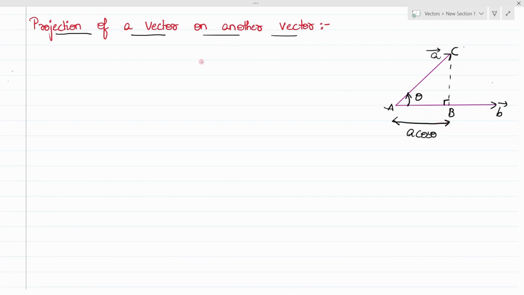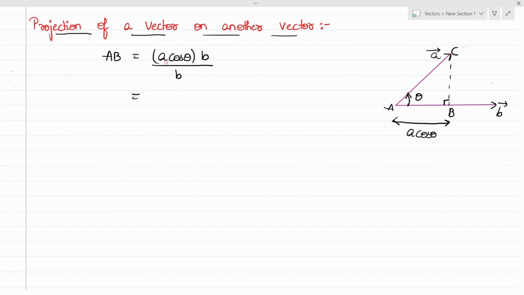So you might get a doubt: how does this projection become an application of the dot product concept? So AB we got as A cos theta. So when you multiply this with B and divide by B, obviously here A and B are its magnitudes.